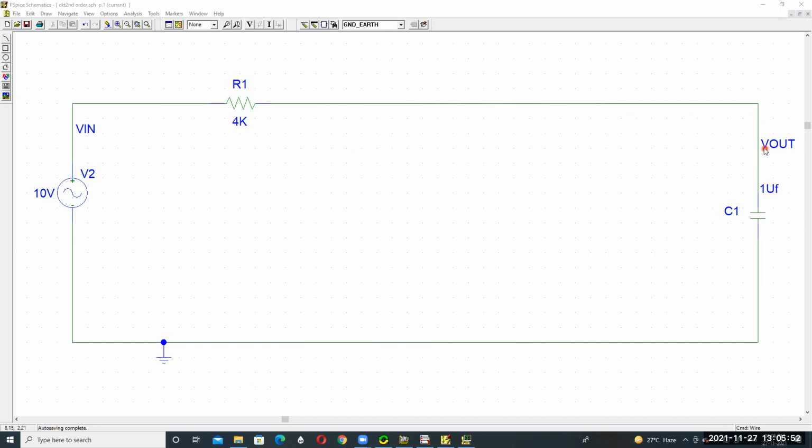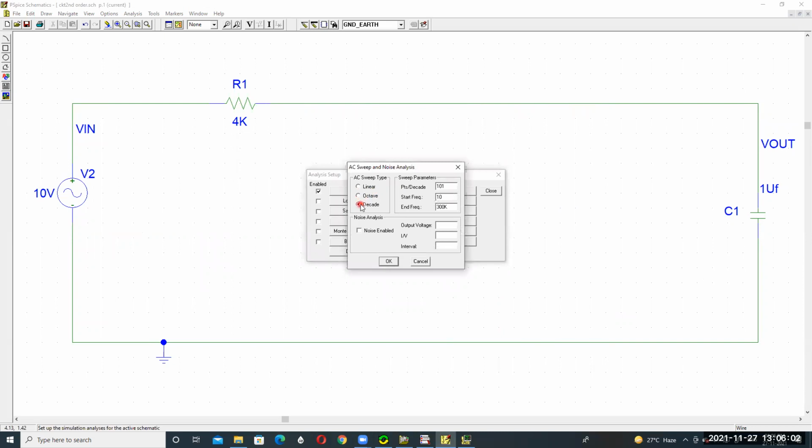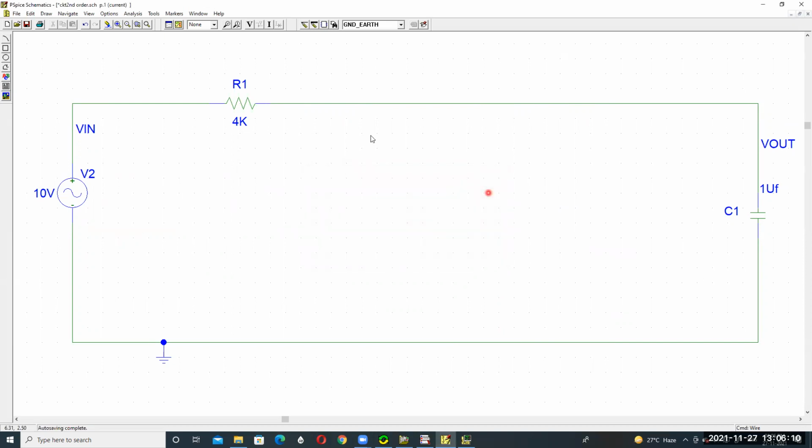Labels are indicated like this, and then go to analysis and set up AC. AC sweep and decade. Make a tick mark on decade, with starting frequency 10 Hz and ending frequency 300 kHz. Then close and press analysis.